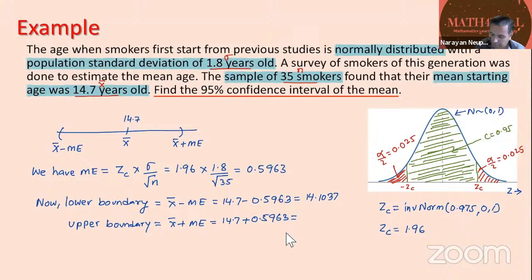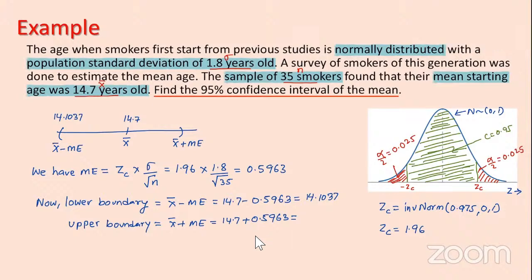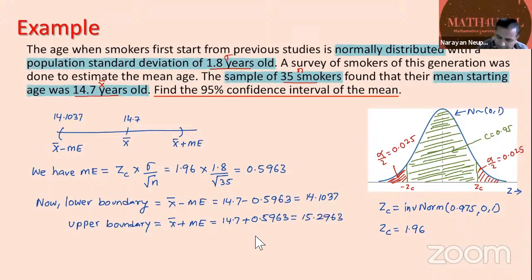That will be the upper boundary. What do we get when we add? 15.2963. 15.2963, that's right.